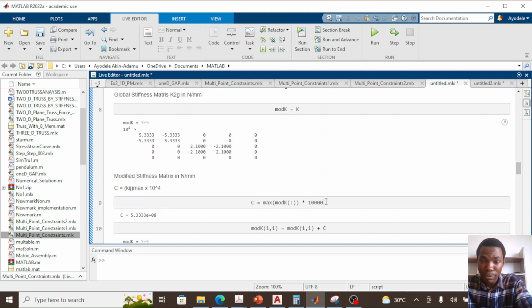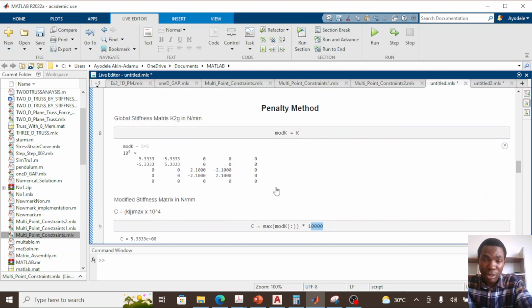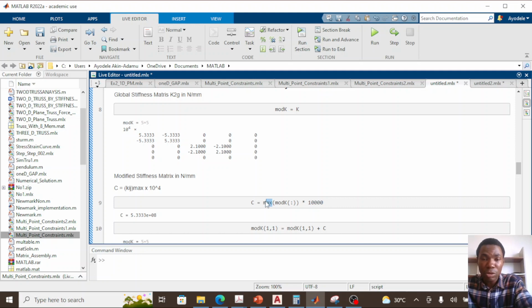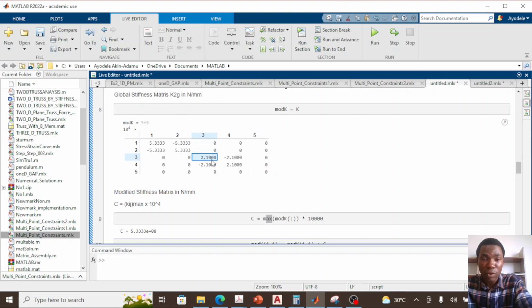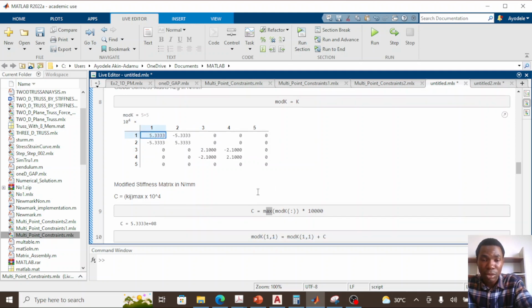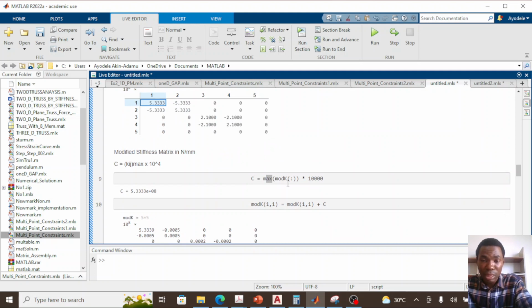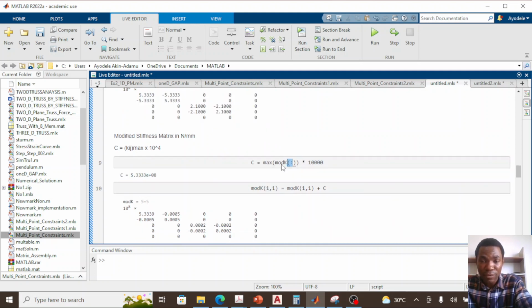I can use the max function to evaluate the maximum value in the matrix. The maximum value is actually 5.33 times 10 to the power 4. So this function extracts that value, and I multiply it by 10,000. So we get our C to be calculated as 5.33 times 10 to the power 8.